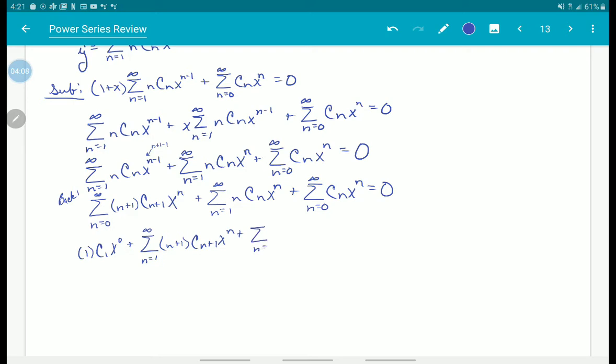Second sum already starts at 1. And then if we plug a 0 in here, we're going to pull that first term out. And then we would have all the rest of the sums starting with n as 1.